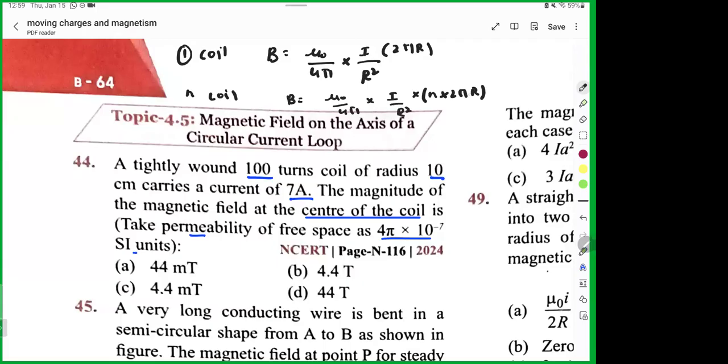So this R will be cancelled, 2 pi will be cancelled, it will be equal to mu naught n I by 2R.